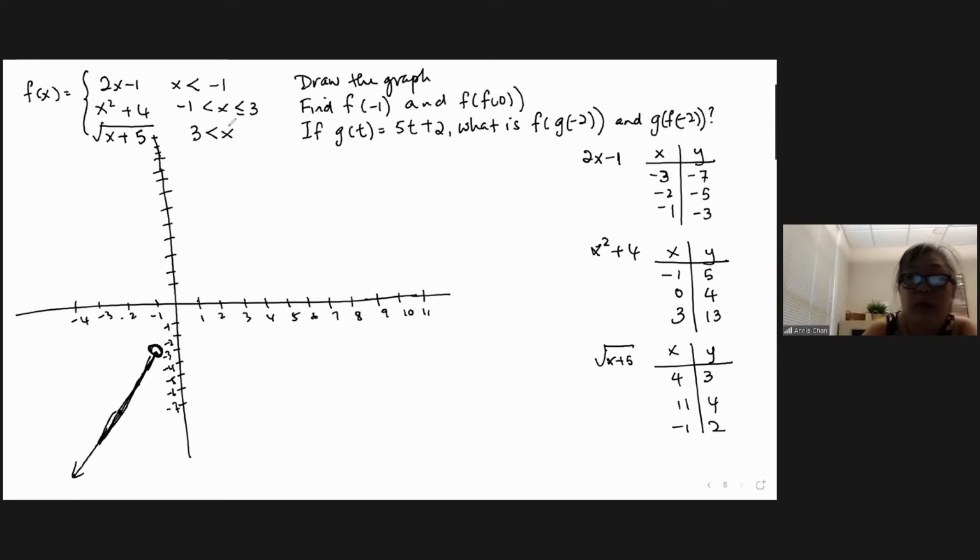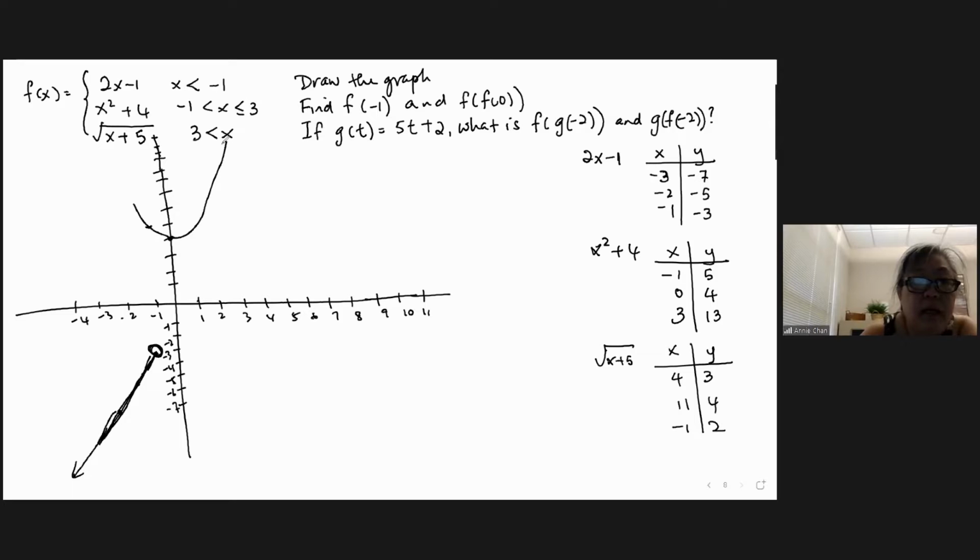Now, the next one is -1, 5; 0, 4; 3, 13. Pretend that this is going to go up.